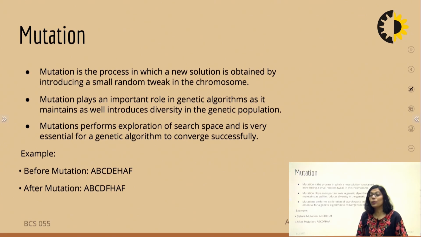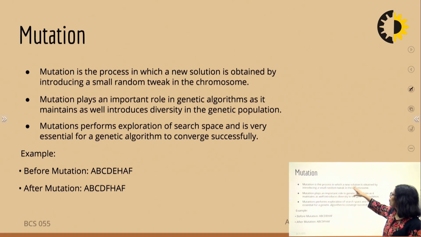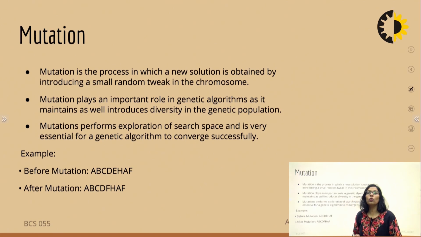So the next step is to do some mutation. Now mutation is a process in which new solutions are obtained by introducing a small random tweak. In humans also we have certain mutations where some genes in our gene pool get changed. In the same manner, whatever solutions we have obtained after crossover, we will be tweaking some of the genes.